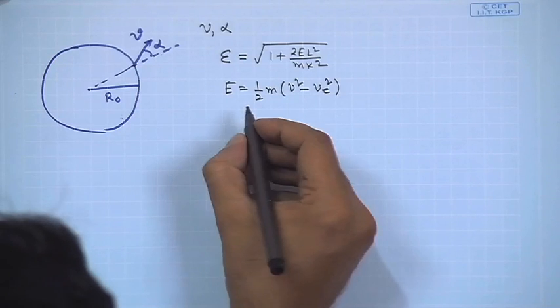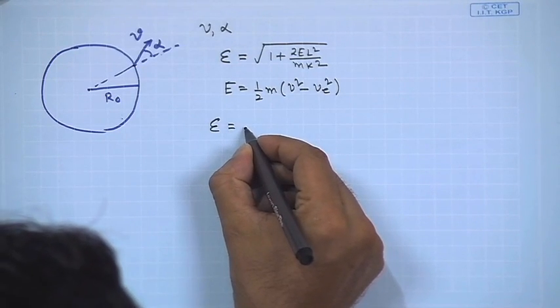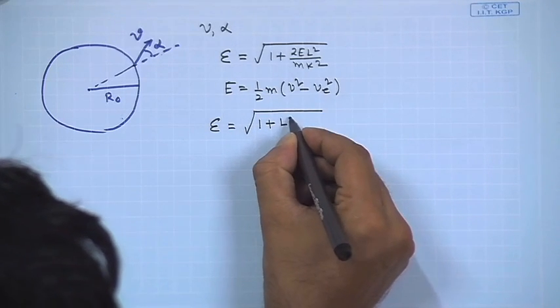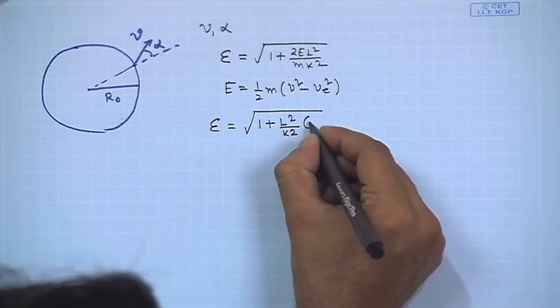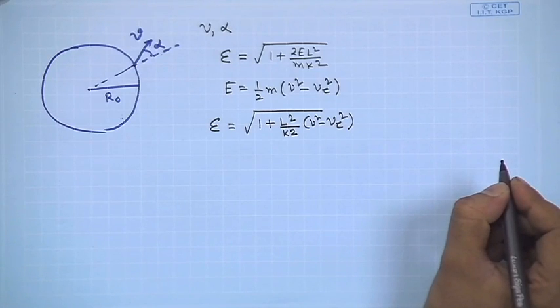So, eccentricity can effectively be written as root over 1 plus L square by k square times v square minus v e square.